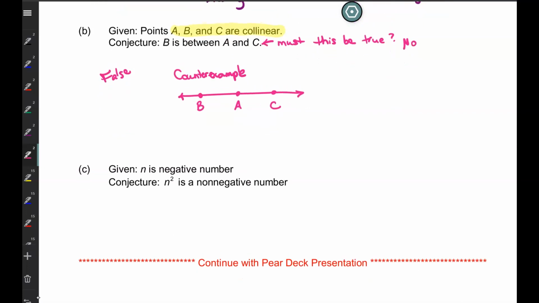Okay, given, n is a negative number. The conjecture is n squared is a non-negative number. So we want to think, is that always true? Could we prove it false?